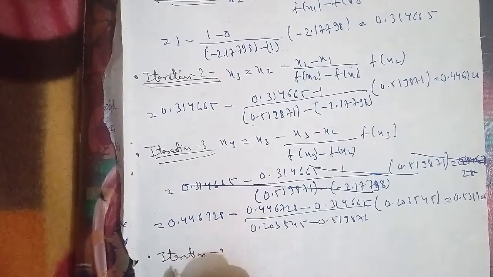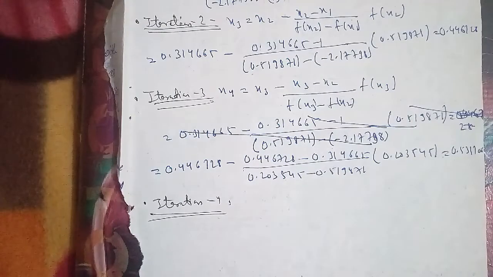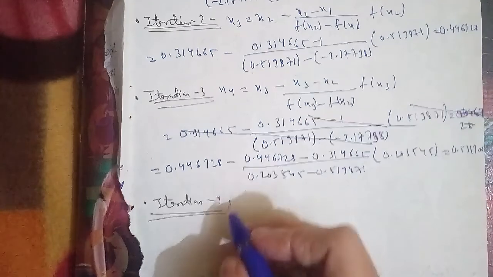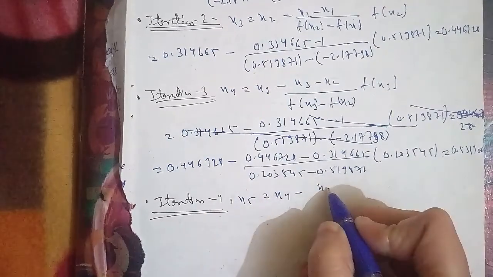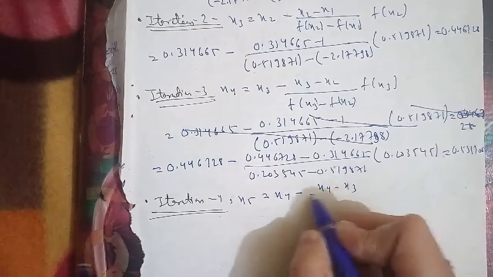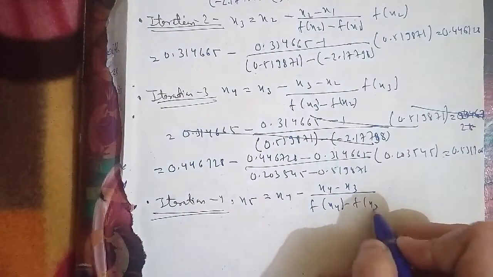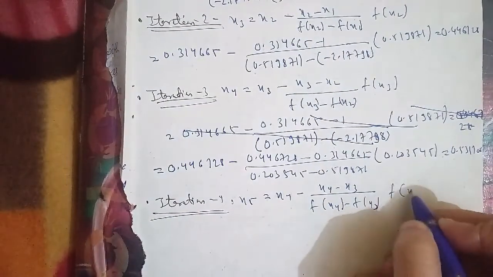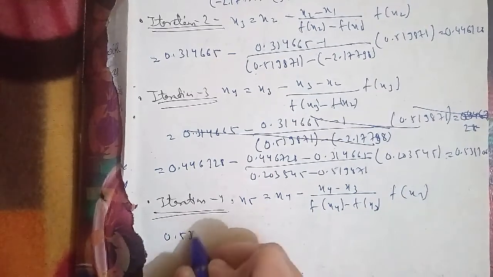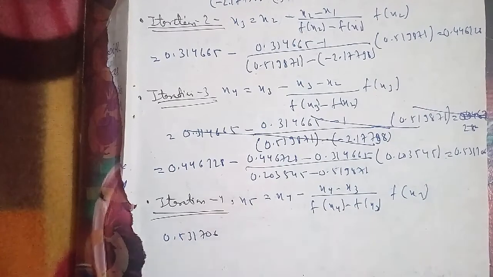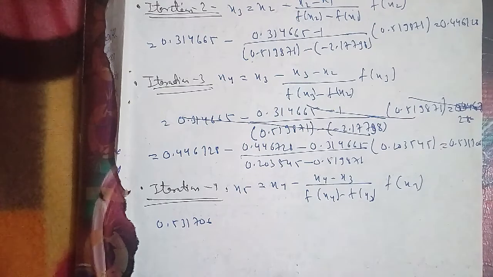f(x4), we put the value. For the same, we will put the value here for iteration 4, which is 0.531706 minus 0.446 into, upon minus 0.04931 minus 45.